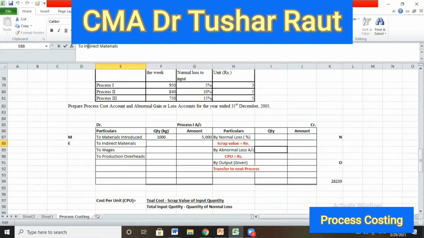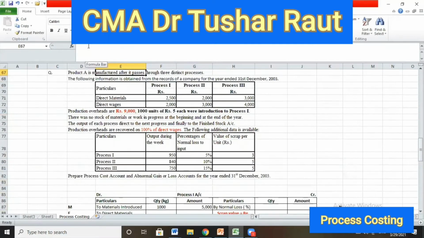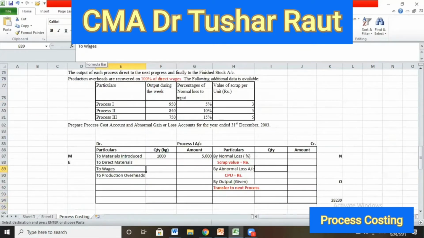Then again they have mentioned the items of direct material, which is 2500, and direct wages, which is 2000.